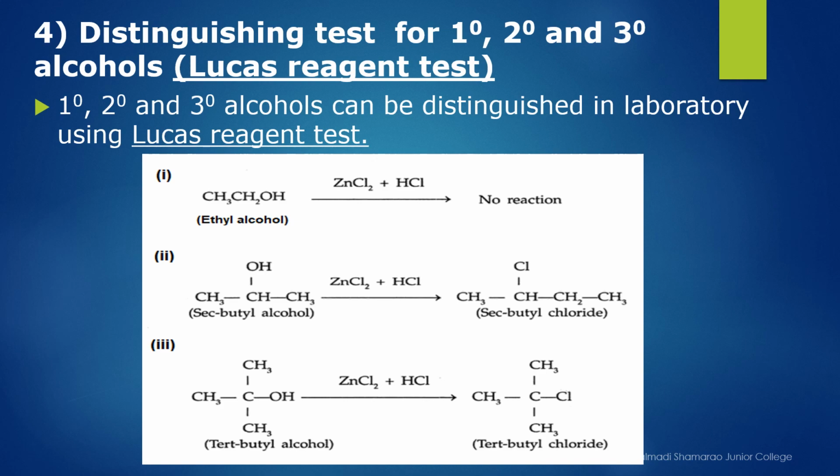Secondary alcohol, when it reacts with Lucas reagent, forms secondary butyl chloride, and tertiary butyl alcohol, when it reacts with Lucas reagent, forms tertiary butyl chloride. When these reactions are performed in the laboratory, it is observed that the insoluble alkyl chloride appears as a white cloudy solution or as a separate layer.